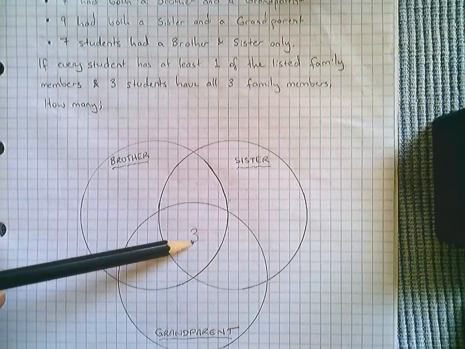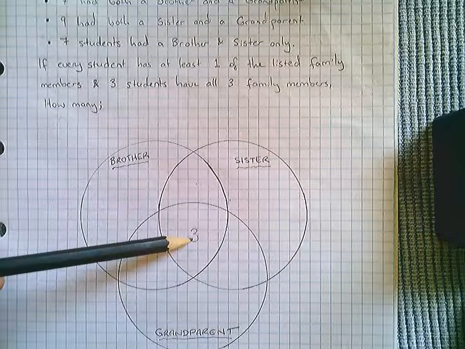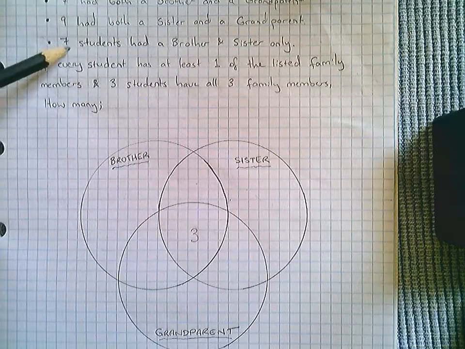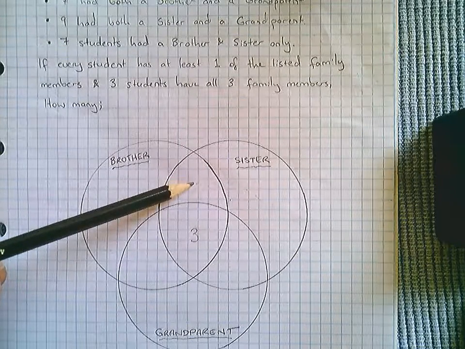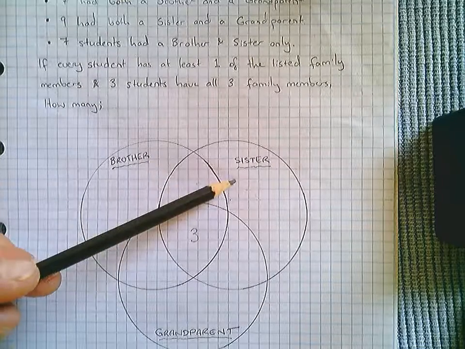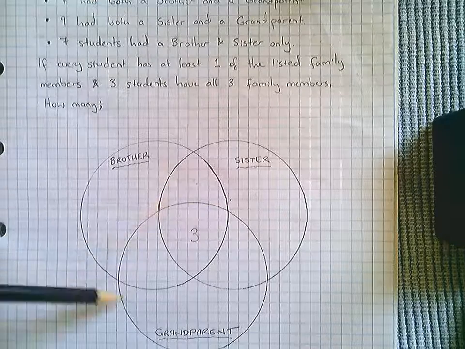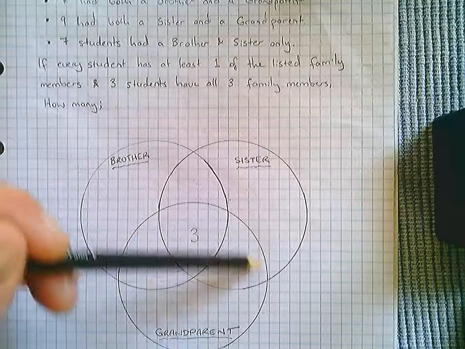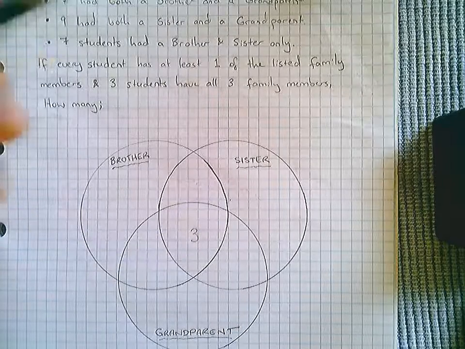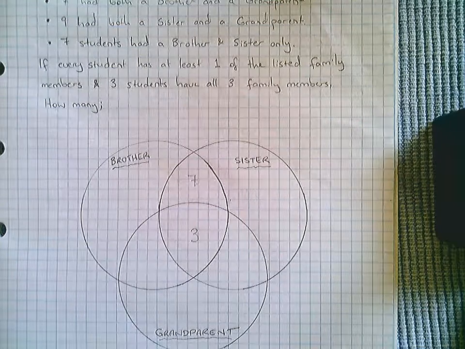They had a brother, a sister, and a grandparent. So this is not a part of this value 7. This zone here in the Venn diagram represents those students who had a brother and a sister but no grandparent. You can see this section is not part of the grandparent circle, which means that they did not have a grandparent. So this 7 I can go and put in the Venn diagram there.